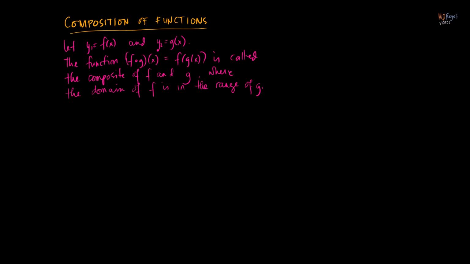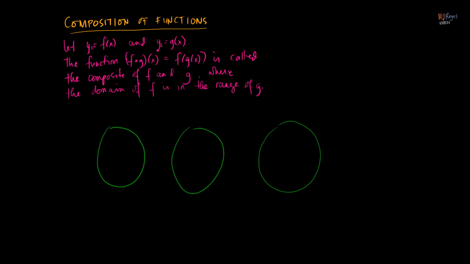Just to explain it further, consider these three sets of numbers. Say for example, the first set of numbers is the domain of g. Second is the range of g. Then this is the function g.